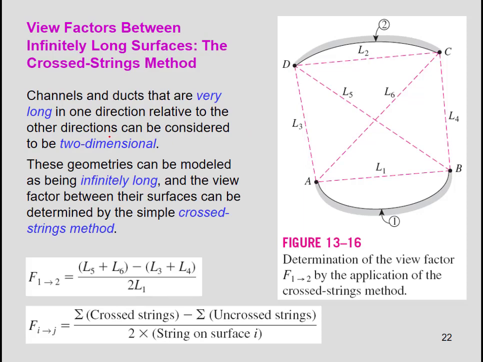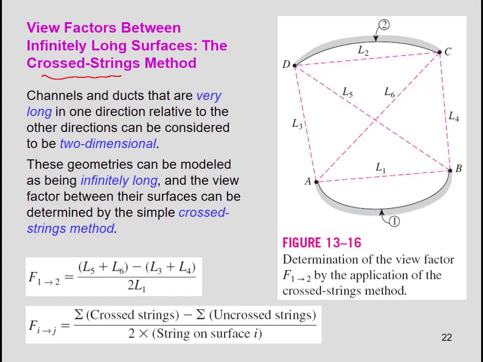Sometimes we are interested in finding the view factor for ducts, which in one dimension or direction we can imagine is infinite in size. So we can use the crossed-string method, actually we call it the crossed-string method, to find the view factor for them.